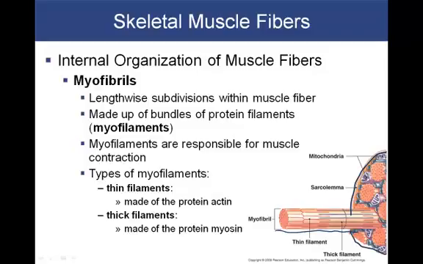We have thin filaments, and thin filaments are made of the protein actin, and we have thick filaments made of the protein myosin. And we'll talk more about actin and myosin and their interactions shortly, but for now, just associate the thin filaments with actin, the thick filaments with myosin, and that these proteins are found within the myofilaments.